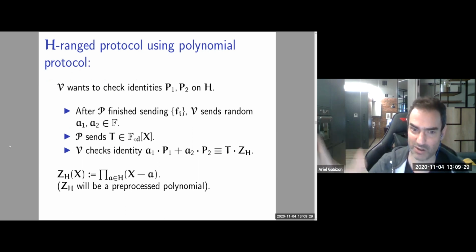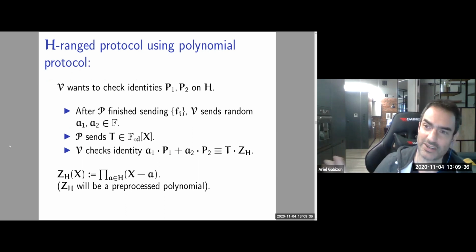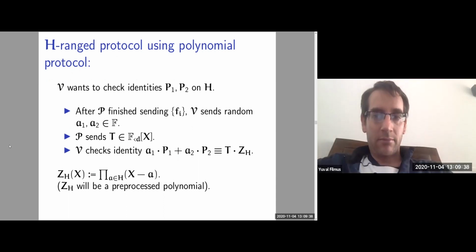So also a combination of them will be divisible by ZH. And therefore the prover can send us this quotient polynomial T that proves it.